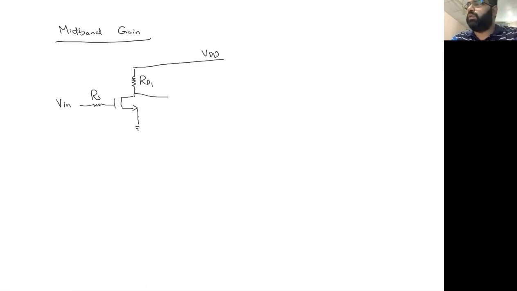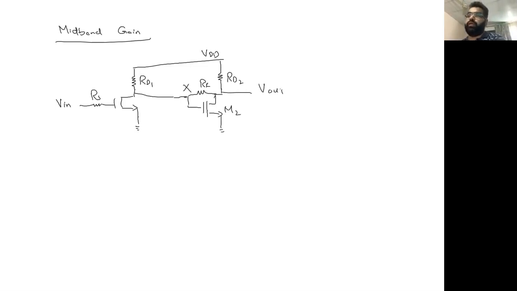This node, again, no coupling capacitance, X going to the gate of M2. We have here RF. Right, so we have RF here. We have RD2 at this point, and this is the V out point for us.